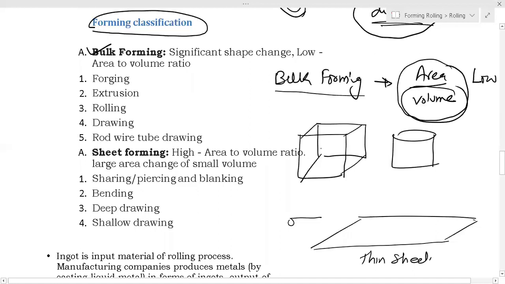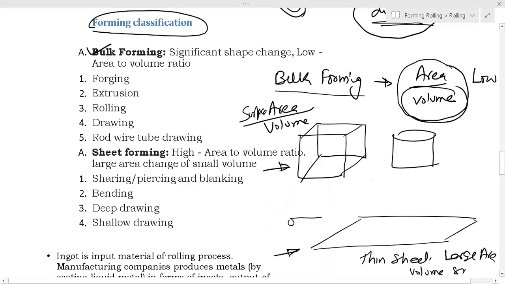So here if you calculate area and volume, what you will find is that in these two cases, the sheet will have a large surface area and the volume is small.